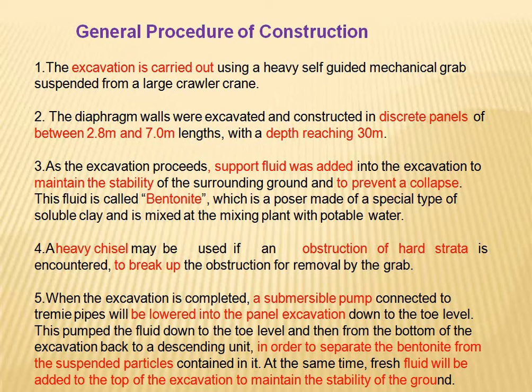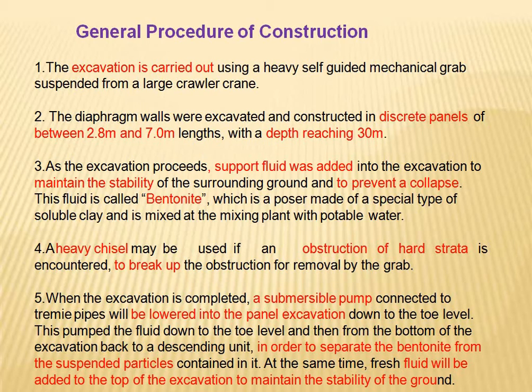The fluid used to prevent collapse and maintain stability is called bentonite. If hard strata is available on the site, then we have to use heavy chisels to break the hard strata at the time of excavation.